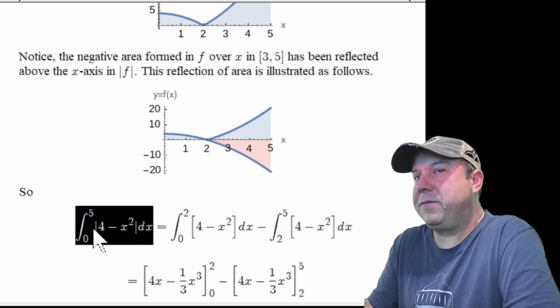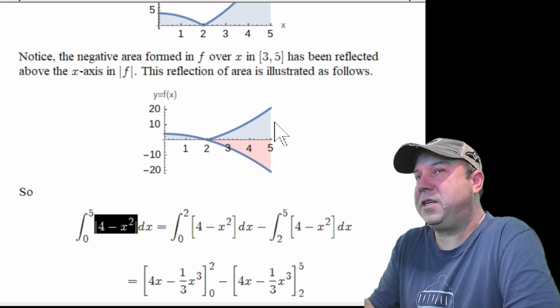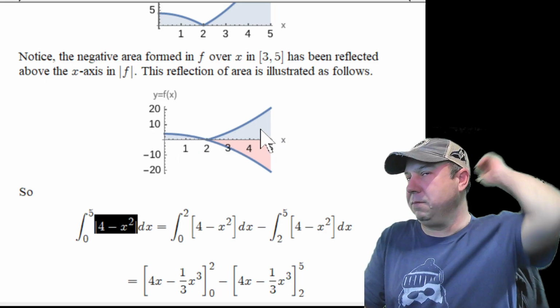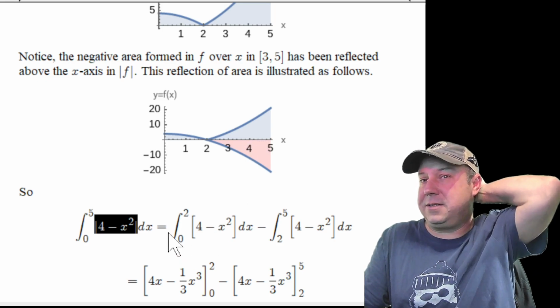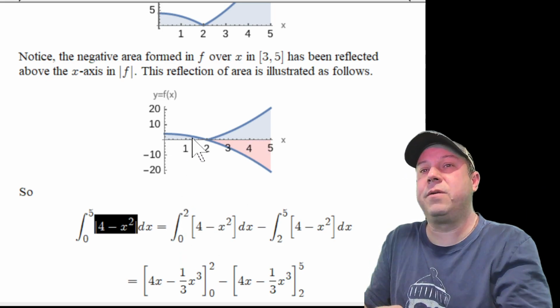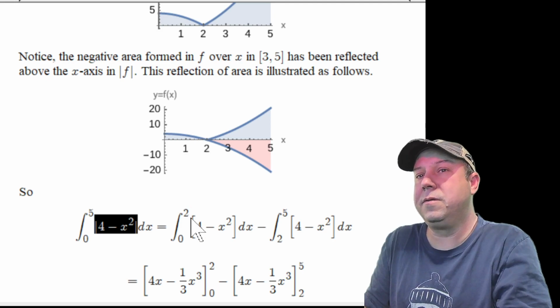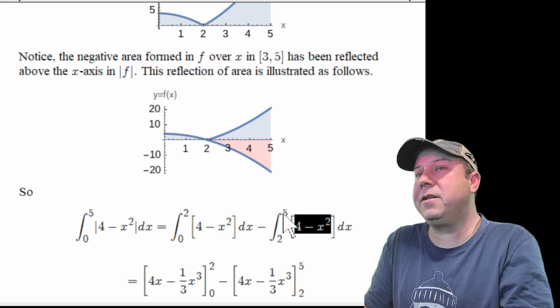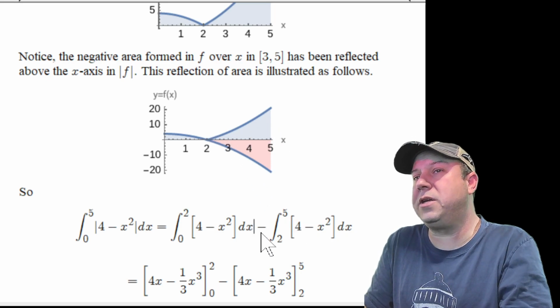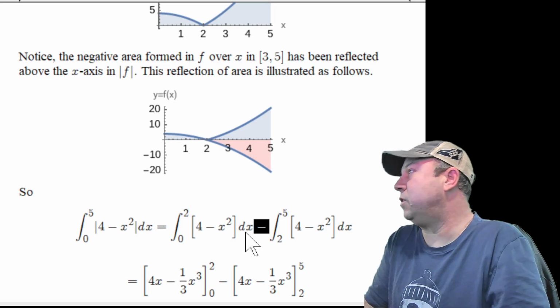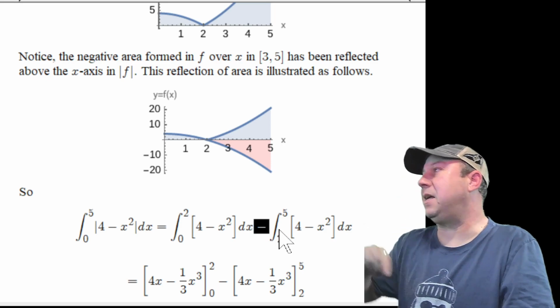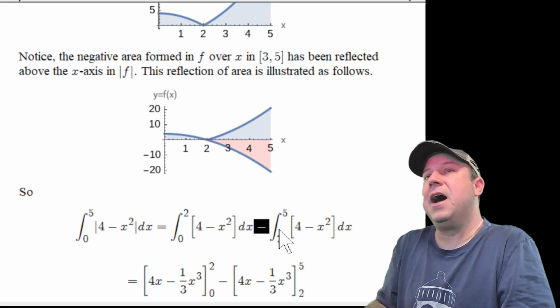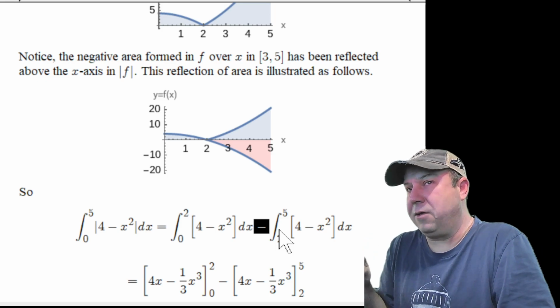So for the absolute value of 4 minus x squared, the graph seen here trapping just the blue region of space, all above my x-axis, we do calculate the area from 0 to 2 for 4 minus x squared, and then calculate the net area from 2 to 5 for 4 minus x squared, but we take it away from the previous result. It's a minus in the case of the absolute value.